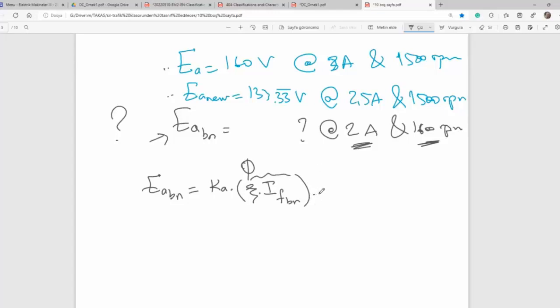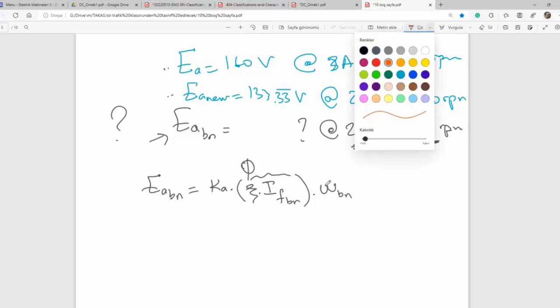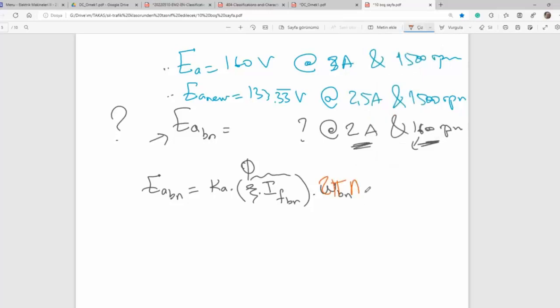And here is the angular speed, the latest value from 1600 RPM, substituting the original value 2 pi n brand new over 60.